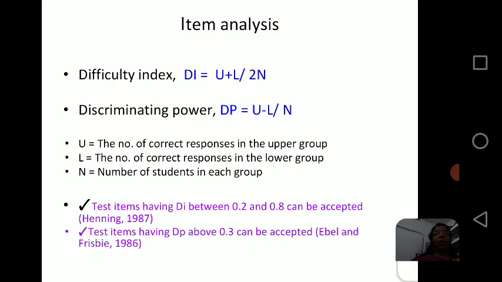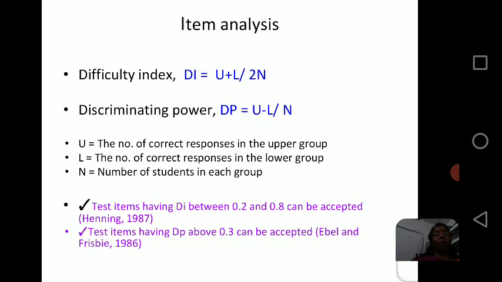Then let us see how can we calculate the difficulty index and discriminating power. Difficulty index DI is equal to (U plus L) by 2N, and discriminating power DP is equal to (U minus L) by N. Then what is U and what is L and what is N? U means the number of correct responses in the upper group.